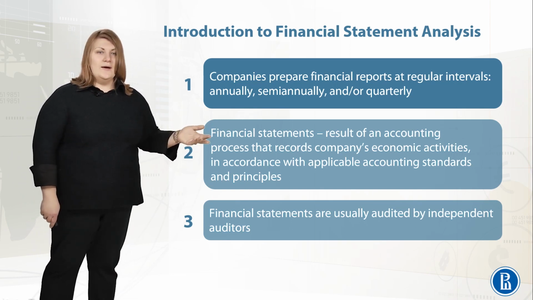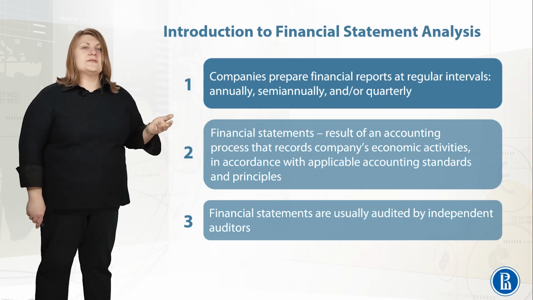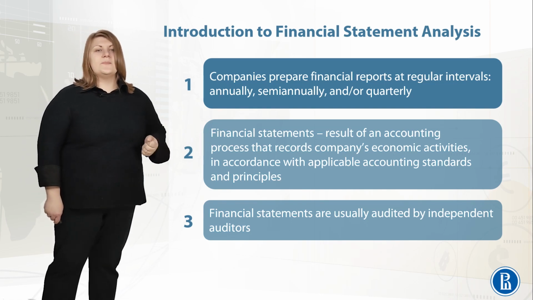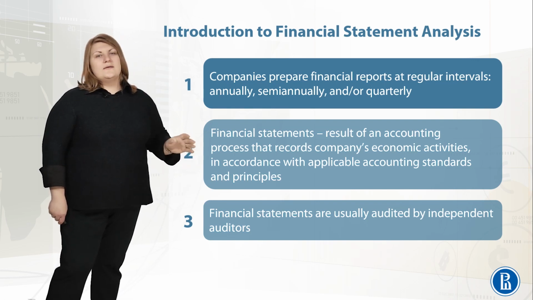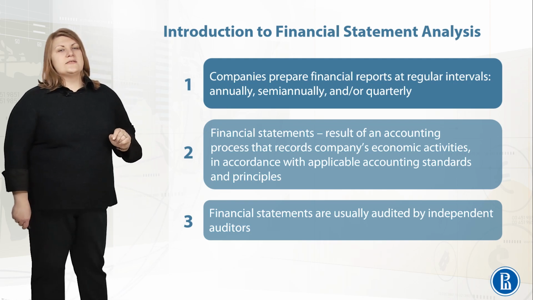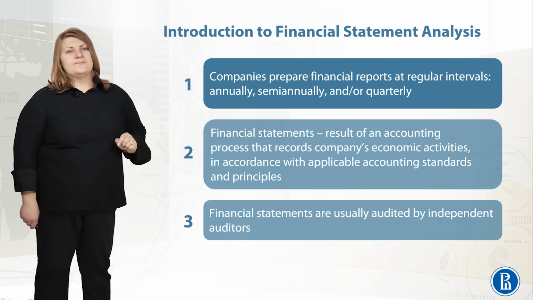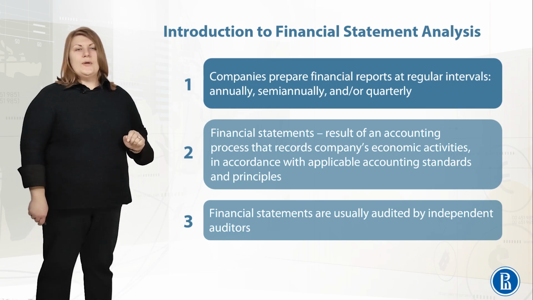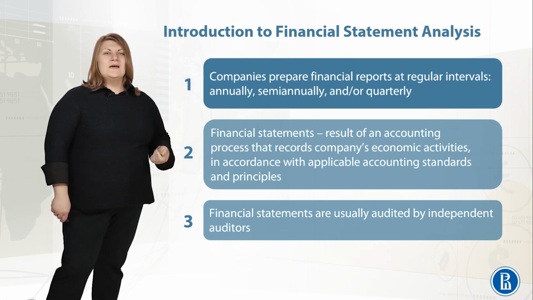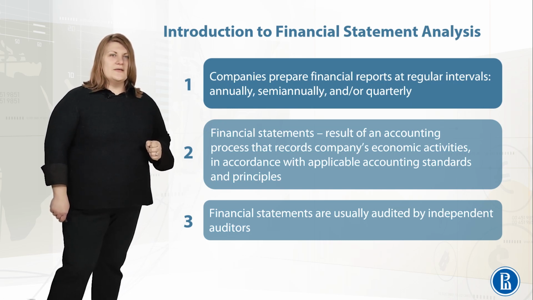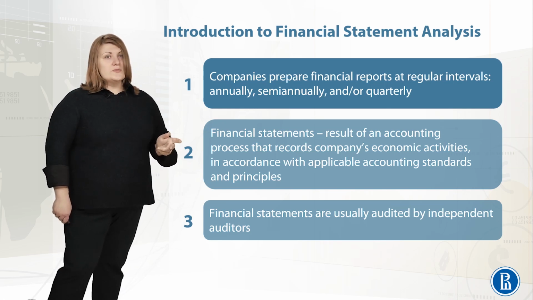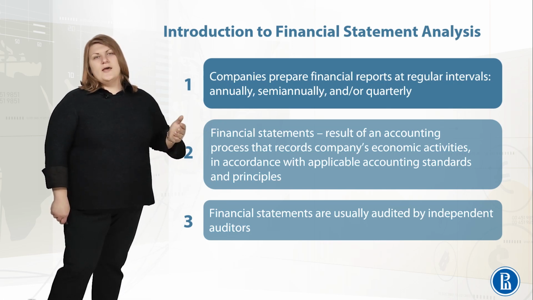And as you know, the accounting process represents the records of the company's economic activities. And these records are done with applicable accounting standards and principles. And third, we know that financial statements are usually audited by independent auditors. Especially, this is true for the listed companies, or we will say those for which IFRS standards are in force.